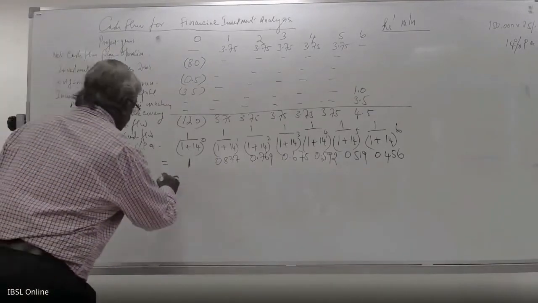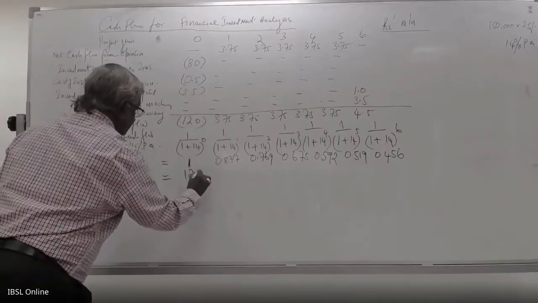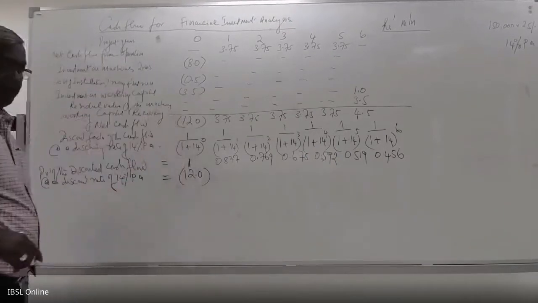So that is equal to multiplying by the discount factor. So this is 12.0, because 1 multiplied by 12.